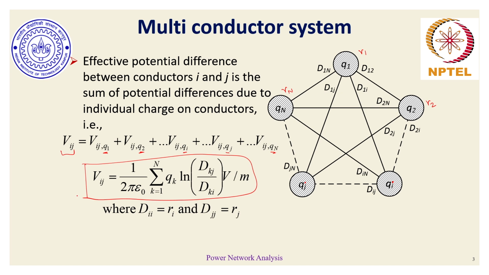The self distances dii and djj are the self radiuses ri and rj, and these distances are with respect to the corresponding nodes between which they are evaluated. For example, dkm would represent the distance between the center of conductor k and the center of conductor m.